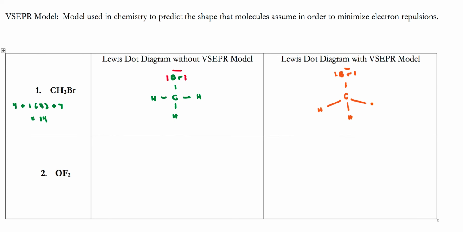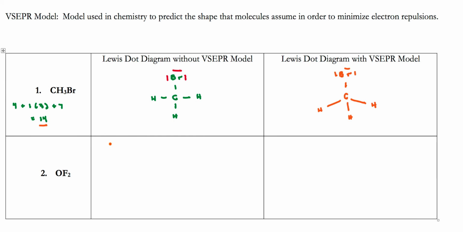But this is what the Lewis structure for CH3Br looks like. The last step is that I need to check to make sure I'm using the correct number of valence electrons. Looking at bromine, I've got 2, 4, 6 that I'm using, 8, 10, 12, 14. I am using the correct number of valence electrons, so my structure is correct.